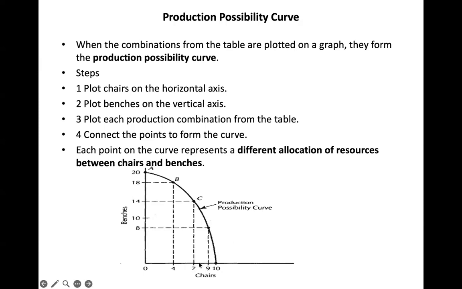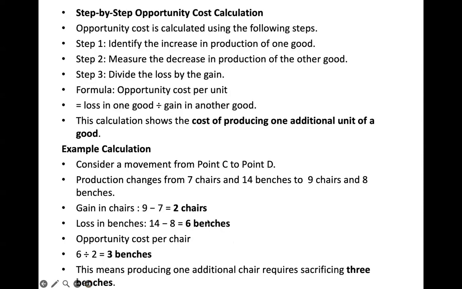So first of all, you need to identify the gain in chairs. So the gain is the 9 minus 7. Then you identify the losses in benches. That's 14 minus 8. So moving from C to D, there was a gain in chairs while there's a loss in benches.